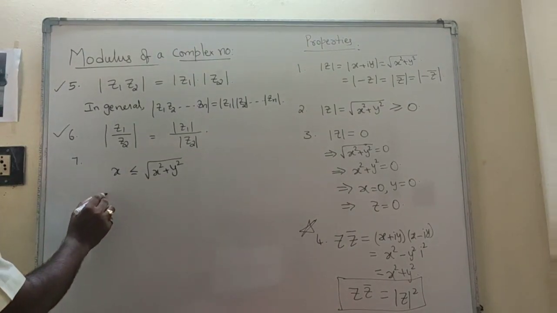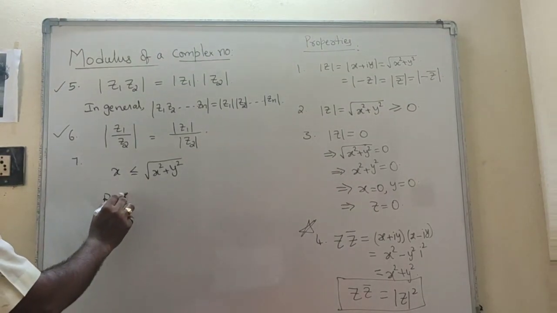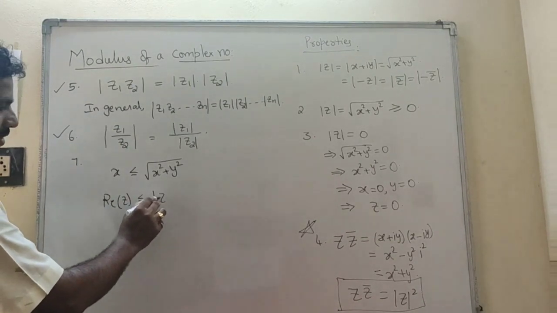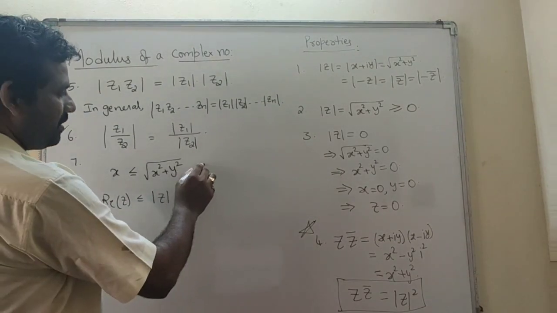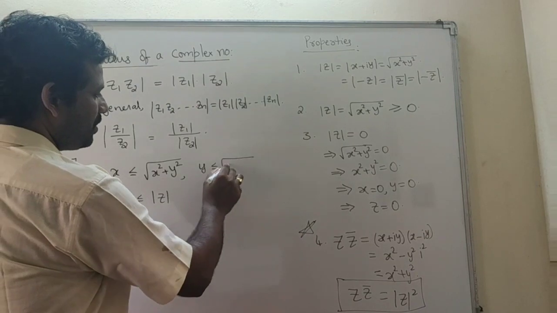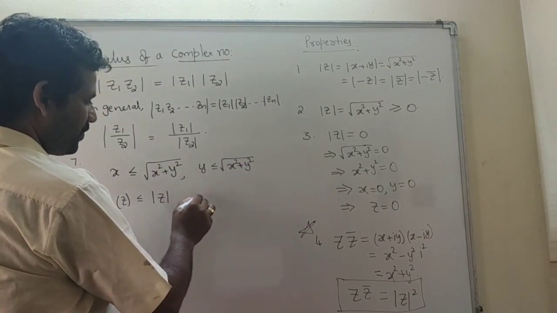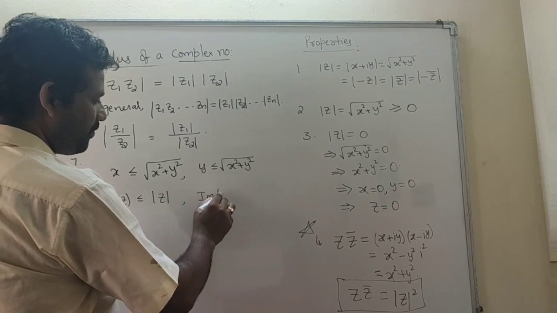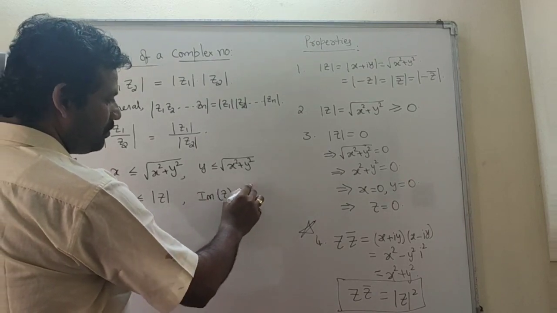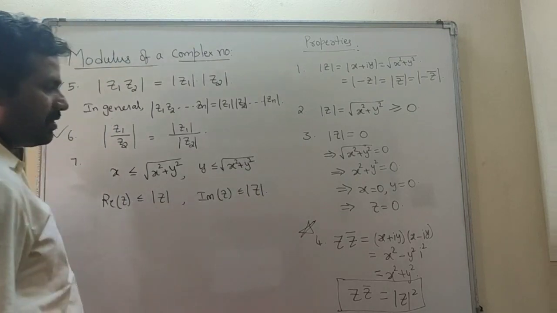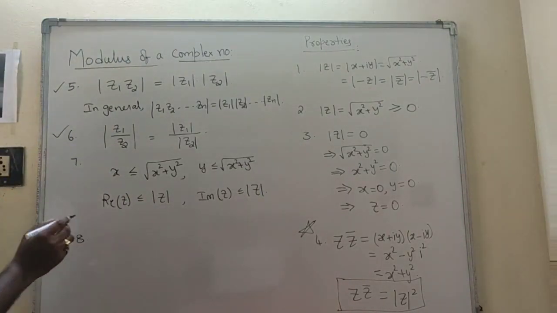This means the real part of z is less than or equal to mod z. Similarly, y less than or equal to square root of x square plus y square. That means the imaginary part of z is less than or equal to mod z. Okay? And the next one.